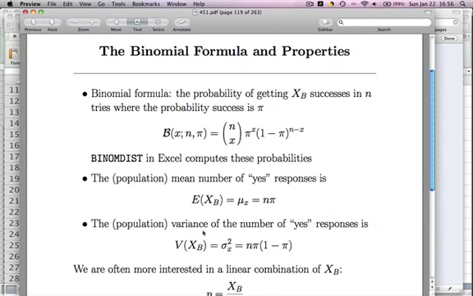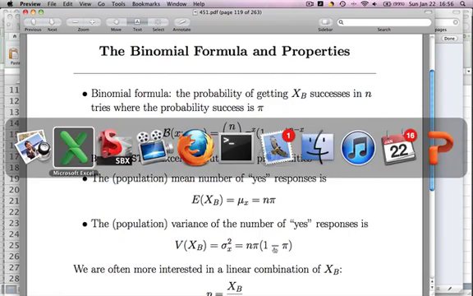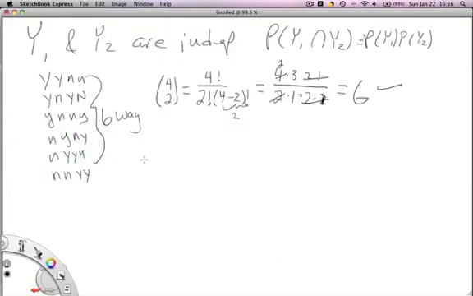The next thing we did was to find the variance. The variance, again, was a whole lot of work using the table. But here's another shortcut, n times pi times 1 minus pi. So let's go over to the scratch pad for a second and multiply that out. So the variance should be equal to n times pi times 1 minus pi, which is going to be 4 times 0.6 times 1 minus 0.6.